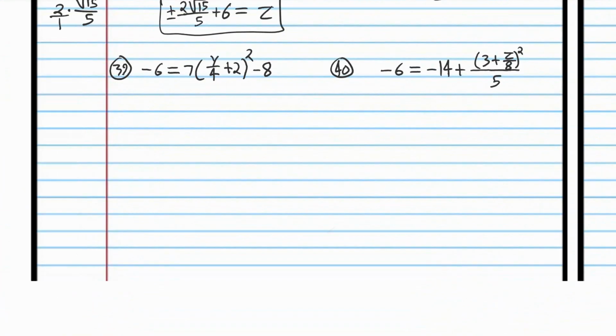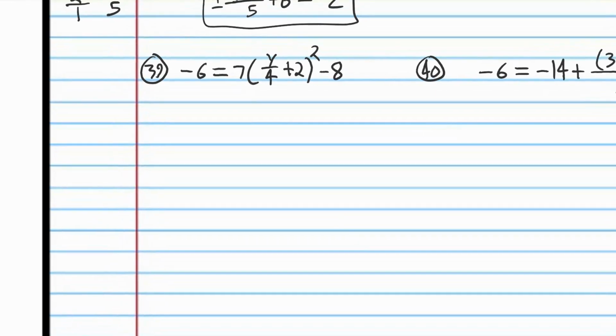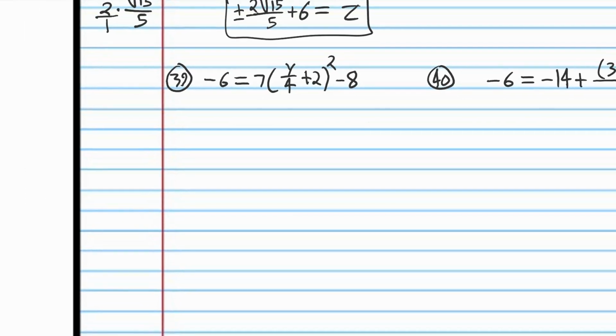All right, so let me look at 39 to see what's going on with this problem. I think you can probably attempt this problem. So try 39, and when you come back, we'll do it together. All right, we're back. So we're going to add 8 to both sides and divide by 7. We get 2/7 equals y over 4 plus 2 squared.